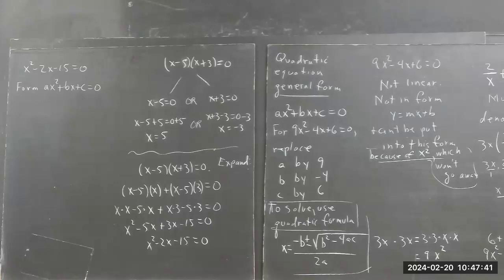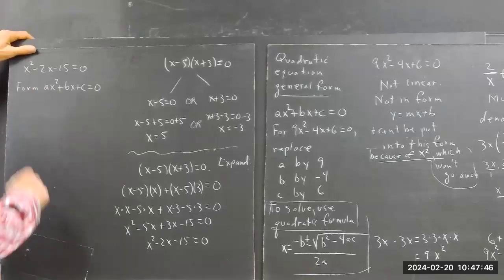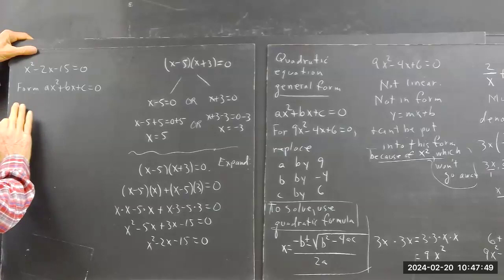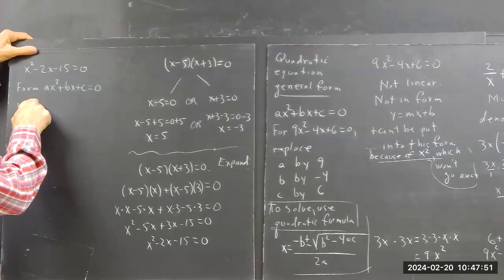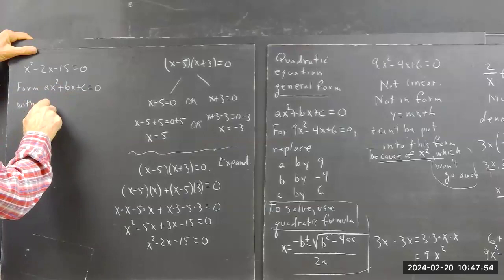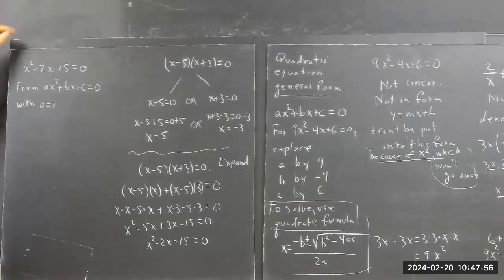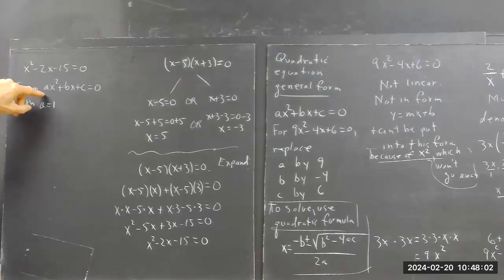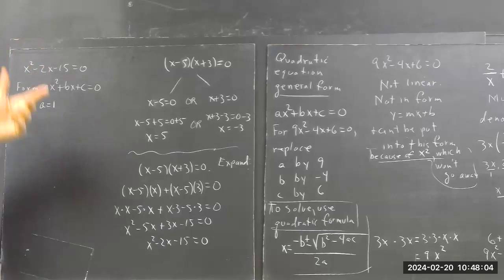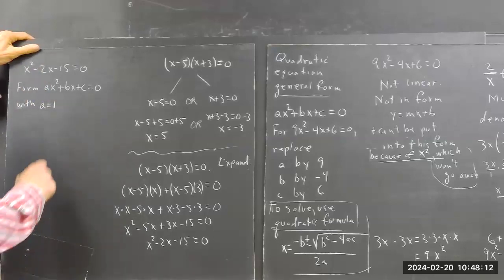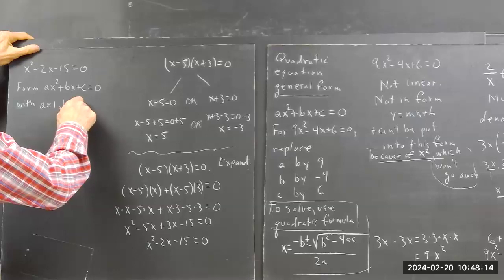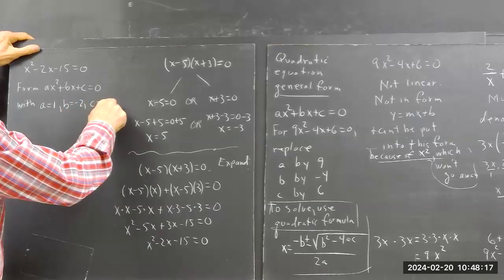You want to write everything out. I like saying, okay, here's the form. So this is of this form with a equal to 1. Now, you don't see a 1 in front of x squared, but obviously, if a is 1, you have 1x squared, and you don't need to write the 1. B equals -2, and C equals -15.